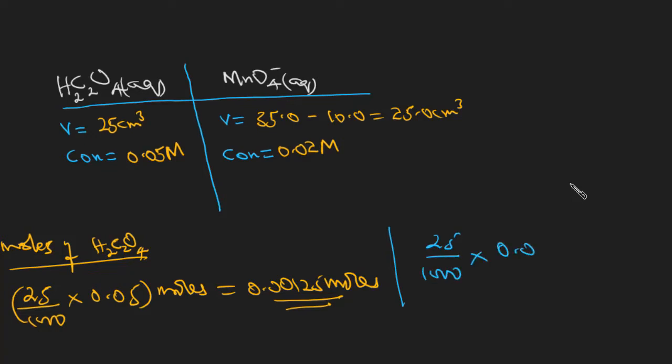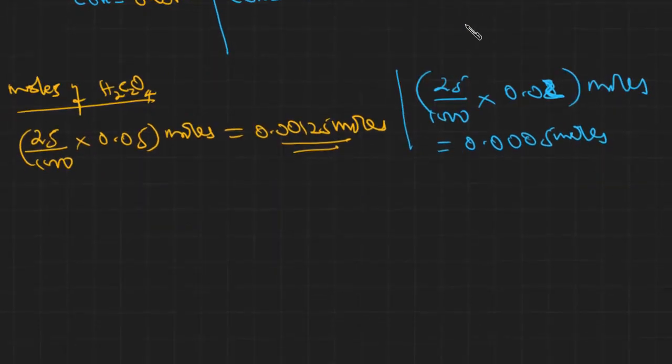The molarity is 0.02, and the moles of manganate(VII) are 0.0005 moles. So we have the two values for the reacting substances. So now we get the mole ratios.